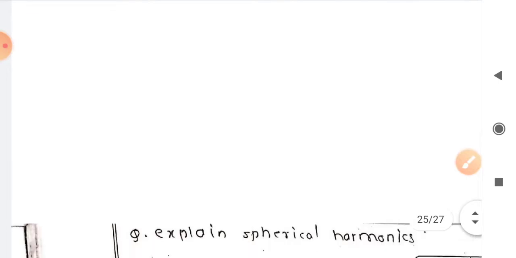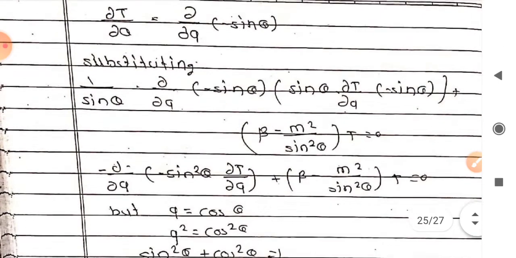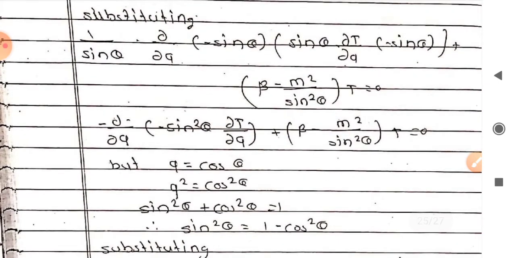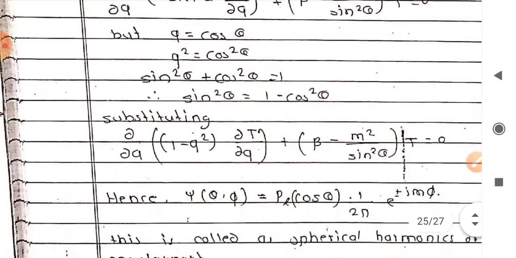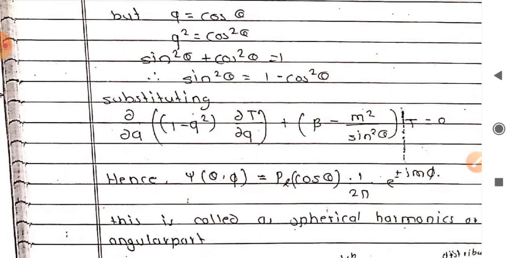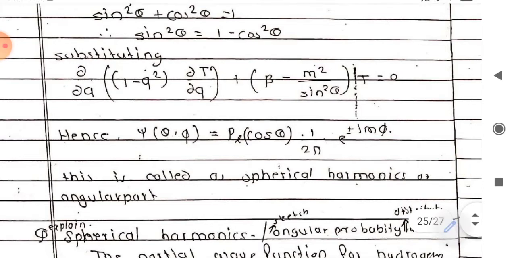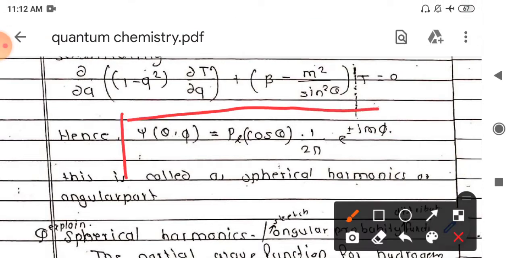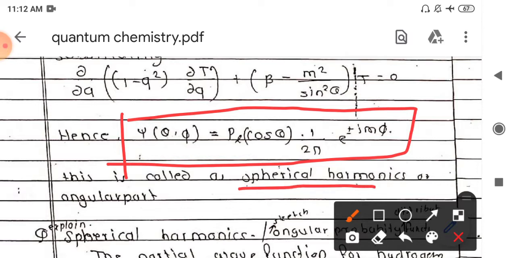Then using Legendre's polynomial we obtained the general form of the angular part of the equation, the spherical harmonic, as P L cos theta into 1 upon under root of 2 pi into e raised to i m phi.